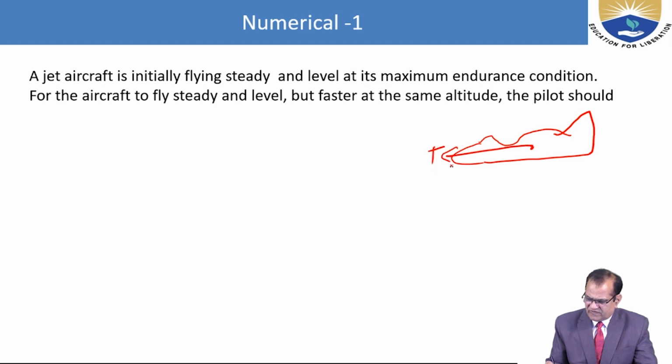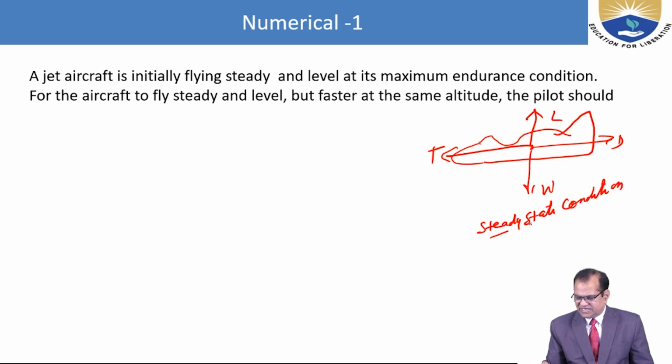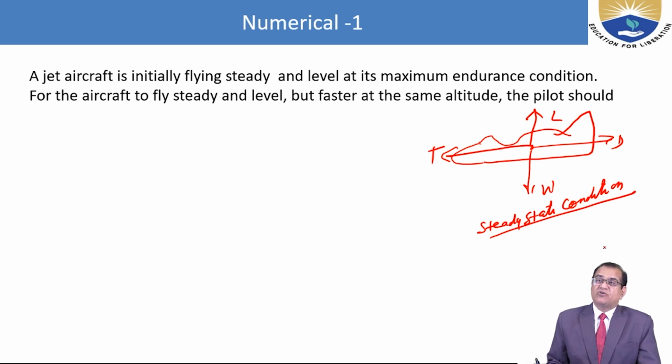It is flying, thrust is equal to drag, lift is equal to weight. This is the steady state condition, flying for the maximum endurance condition. For the aircraft to fly steady and level but faster at the same altitude, what does the pilot have to do?